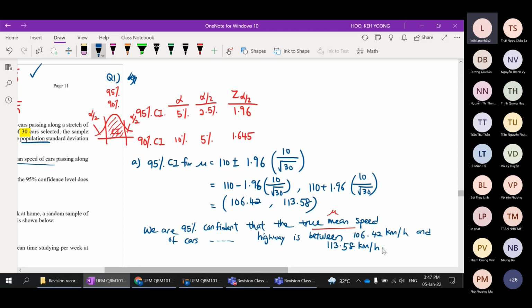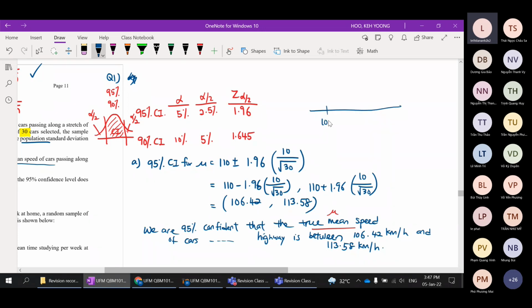How about the remaining percent? There may be a remaining 5% chance that the population mean speed is less than 106 or more than 113.